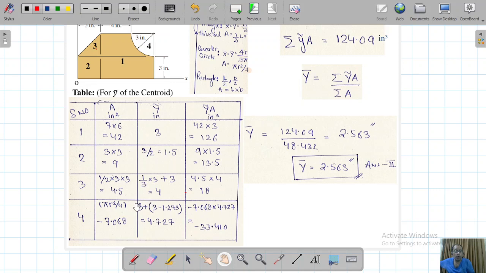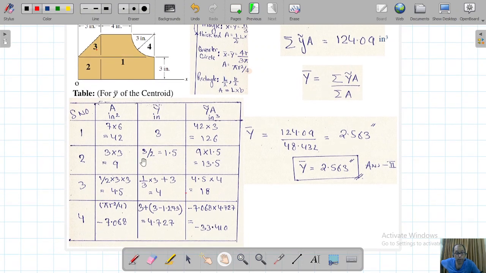We will be moving from the origin 3 inches, and again you will be moving 3 inches. You are at this point, because the calculations are done from there, using pi r square by 4. That was the formula. So you will get it as 6 inches minus the centroid.